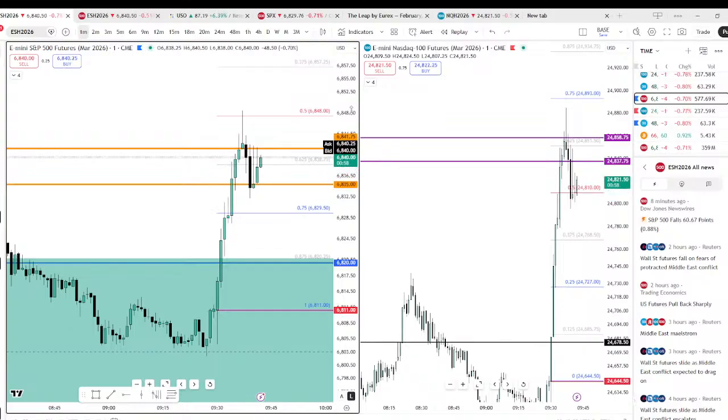But yeah, it's good to have these levels noted. That's what you're doing. I've got to dig up the halted trading hours gap on NQ, but I'm sure we're in the vicinity of it.